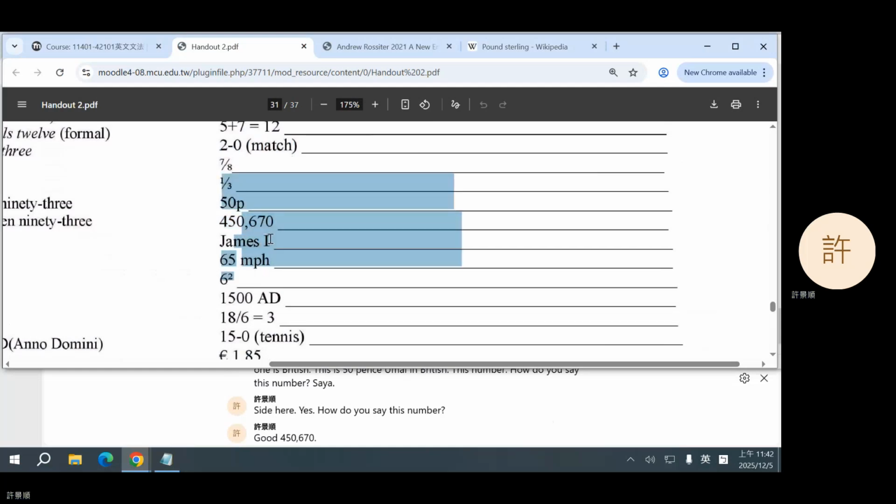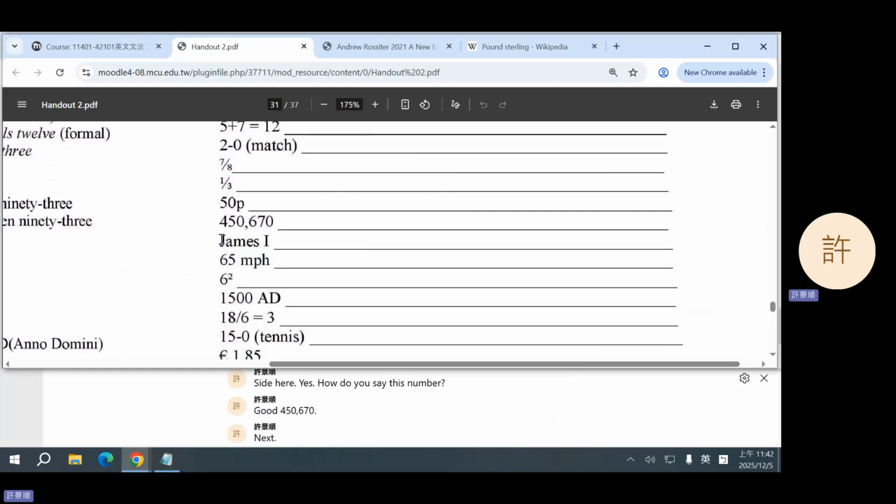Next. How do you say this name? Yes, how do you say this name?